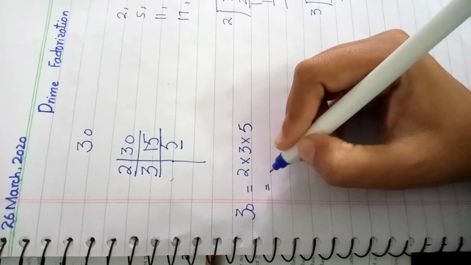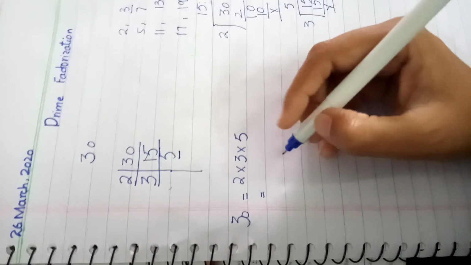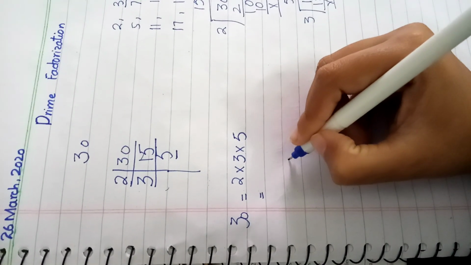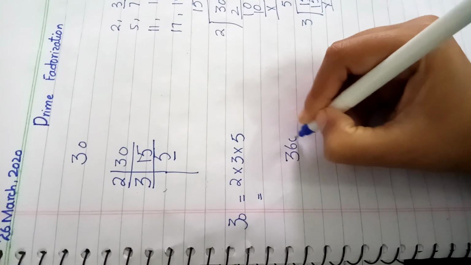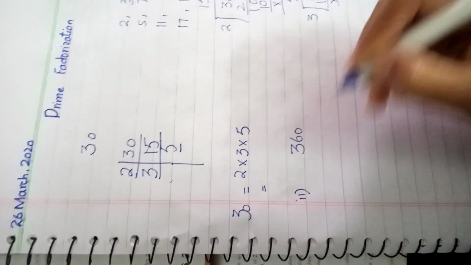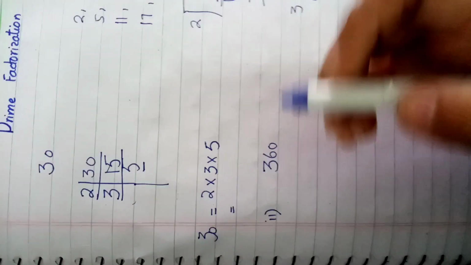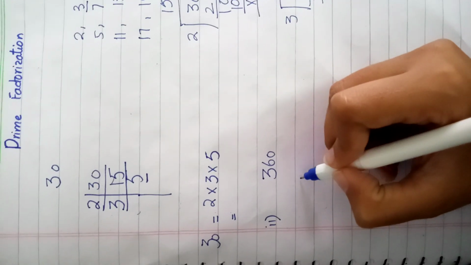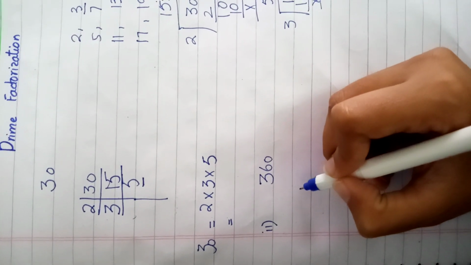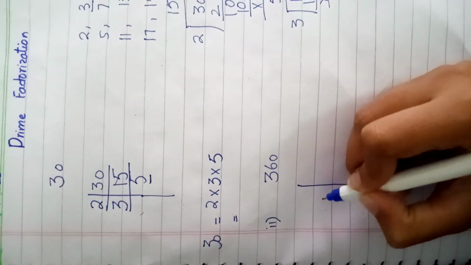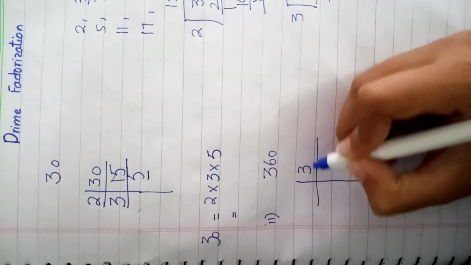Now we take another example. Let's say we have the number 360, and we have to find the prime factors of number 360. We draw a ladder for this purpose.